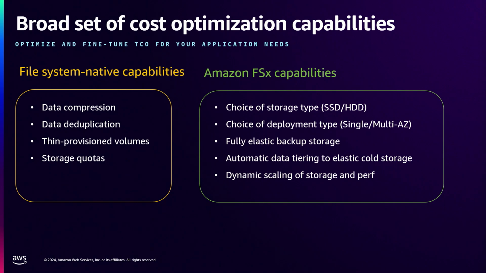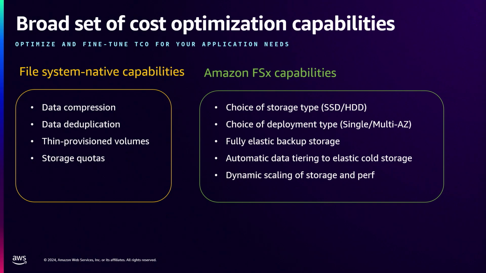If you're running a user share workload, you might be able to achieve up to 80% savings in storage by using one of the file deduplication technologies. Whereas if you're running a database workload, you might not get a lot of benefit from things like deduplication or compression, but you can use things like dynamic provisioning of resources to scale up and down as your database demands change, allowing you to achieve those cost savings.